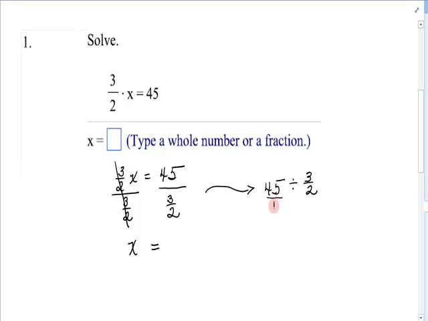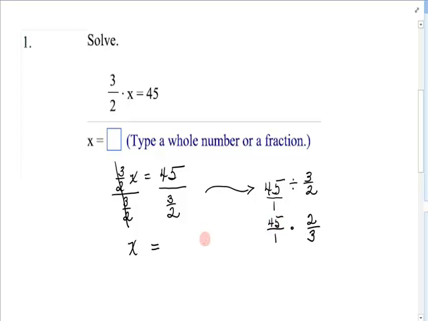Put the 45 over 1, and we do keep 45 over 1, change, and flip to 2 over 3. Can I reduce? Well, I don't know if you realize it. Let's look. Remember your divisibility facts. Is 45 divisible by 3? Well, what's 4 plus 5? 9. Is 9 divisible by 3? The answer is yes, so I know 45 is.